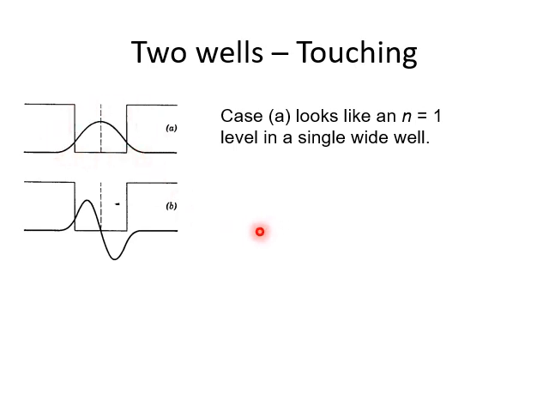And the next state, which is antisymmetric about the center. Remember, these came from the sums of the wave functions on each of these wells, right? But now, when I put the two together so that they're touching, this state here looks a lot like the n equals 2 or the excited state. So at this point, very clearly, the symmetric state and the antisymmetric state have different energies.